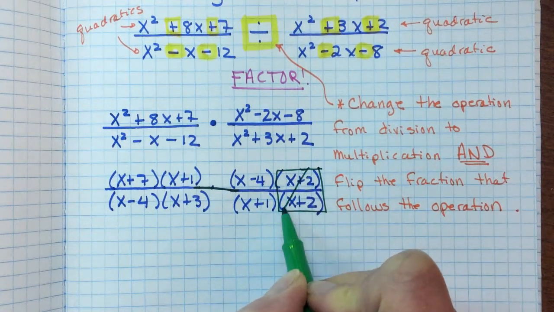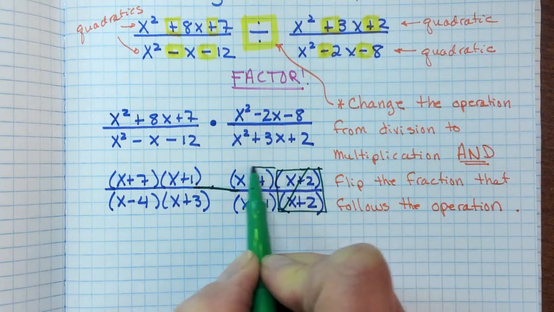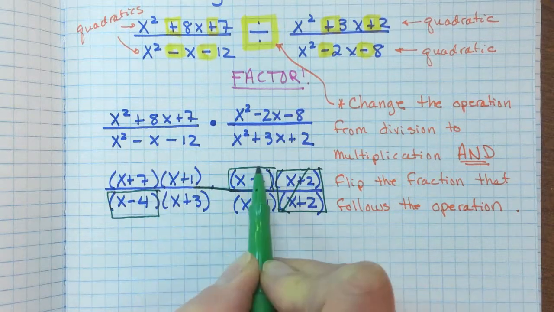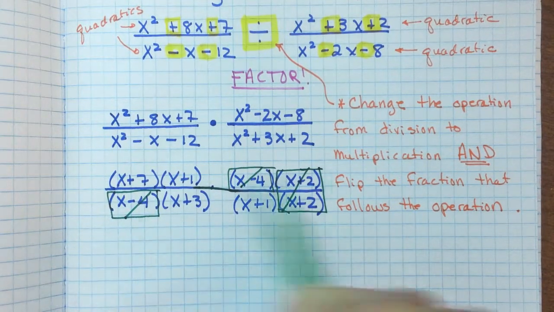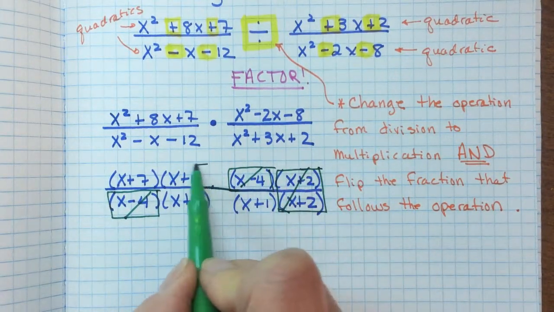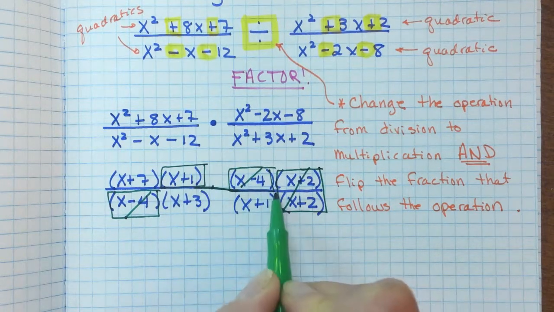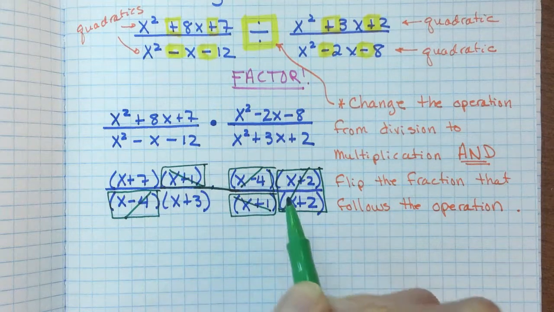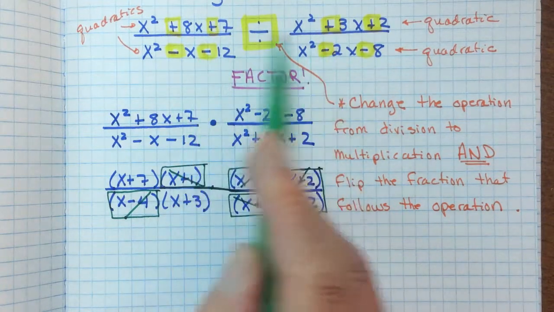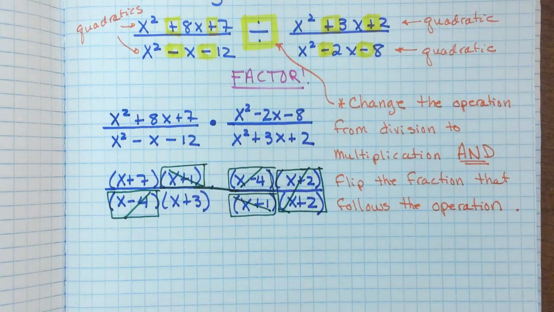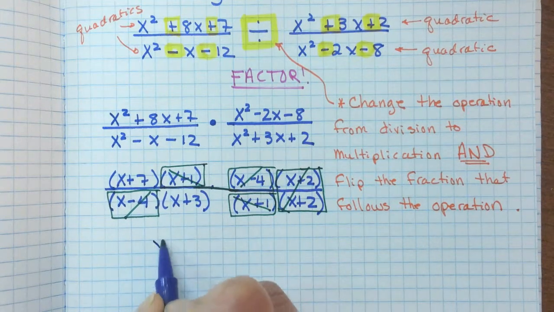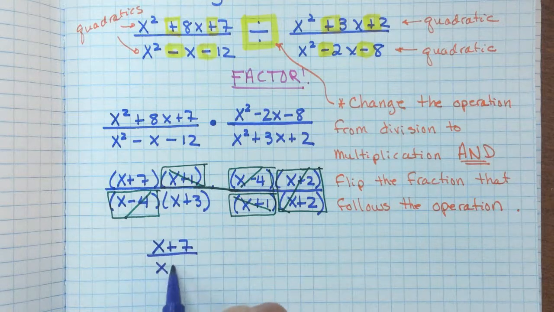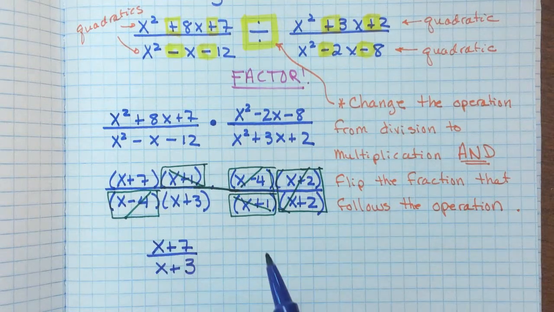That divides out to 1. This is the same number on the top and the bottom. That divides out to 1. And this is the same number on the top and the bottom. That divides out to 1. So when I simplify this expression, I'm left with x plus 7 divided by x plus 3.